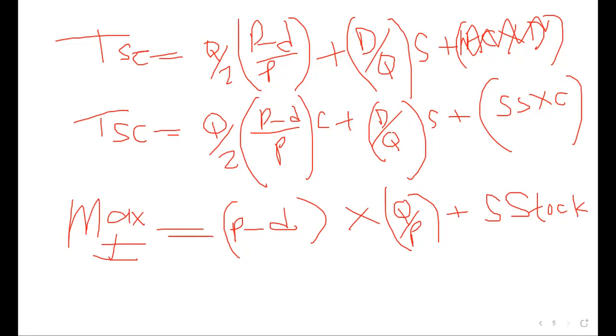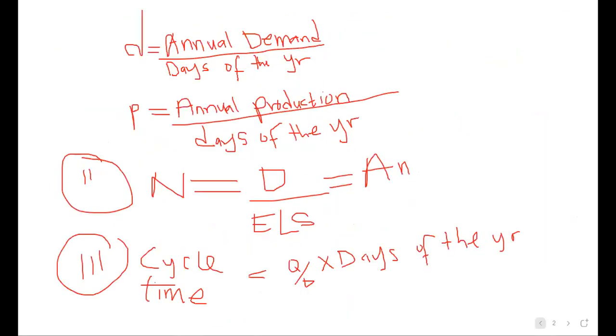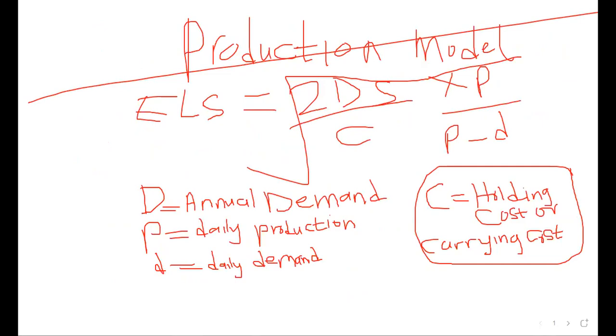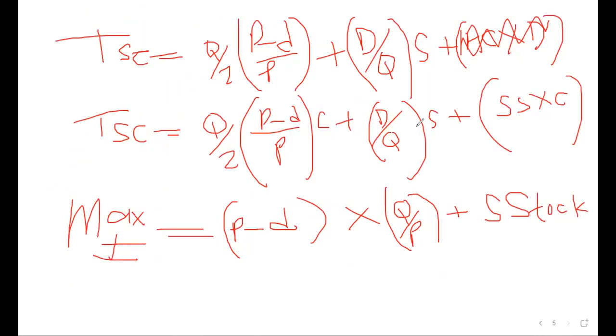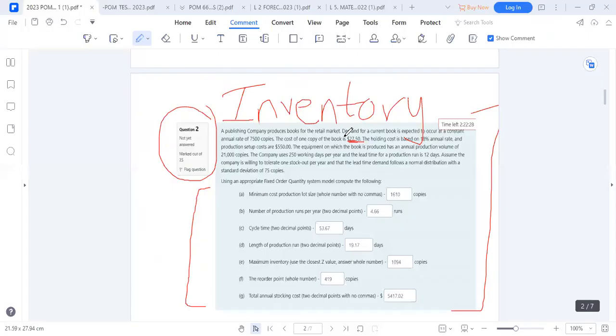Yeah, so what is happening is we just need to understand these formulas. Now, the most important thing that you need to know is that when you get down to the question, this company is producing books for the retail market.